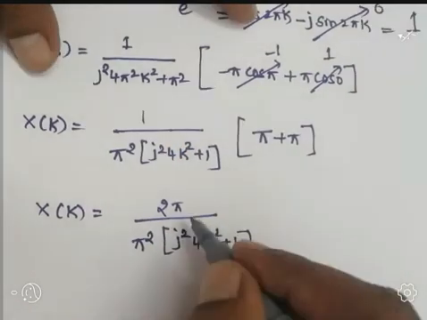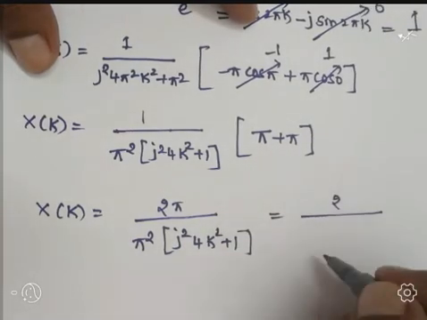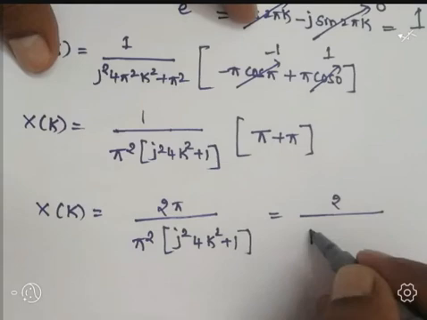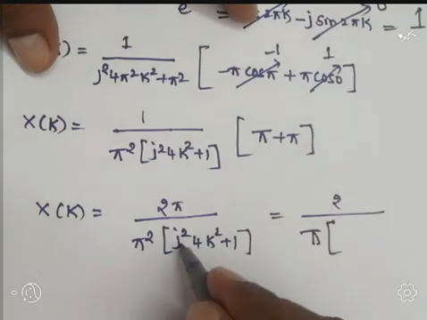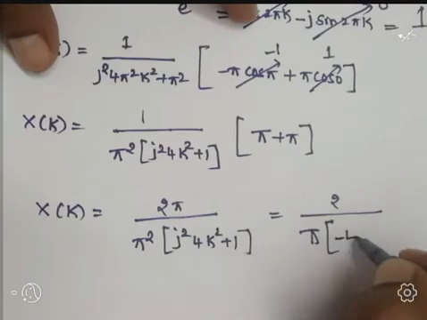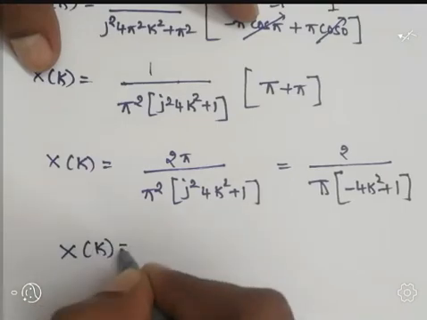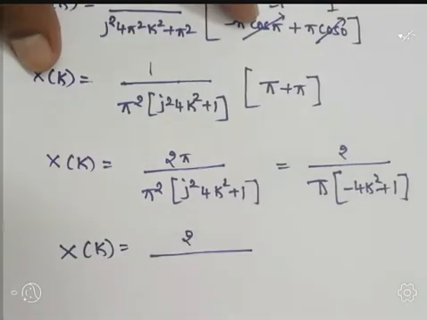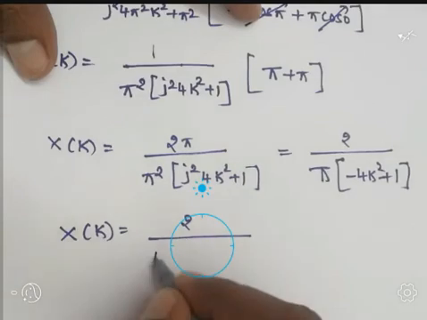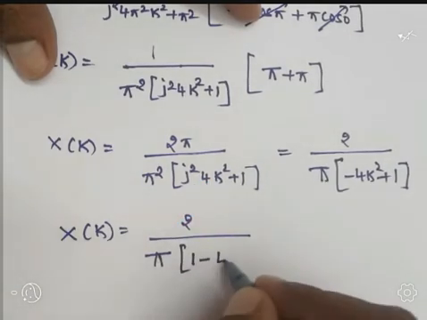So 1 pi and 1 pi get cancelled. We got 2 divided by pi into j square, which is minus 1. So minus 4k square plus 1. So we can write x of k equal to 2 divided by pi into 1 minus 4k square.